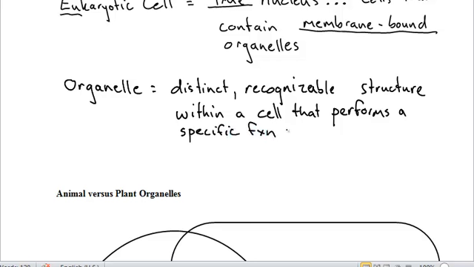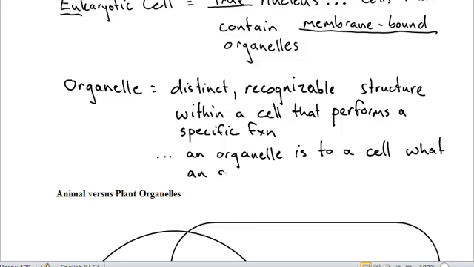And a way to understand an organelle is simply: an organelle is to a cell what an organ is to the human body. So it's a smaller part of the cell that has a distinct function, just like the heart is a smaller part of the human body that has a distinct structure and function.